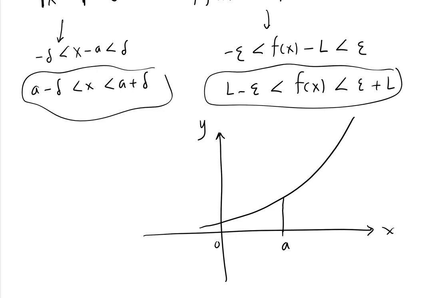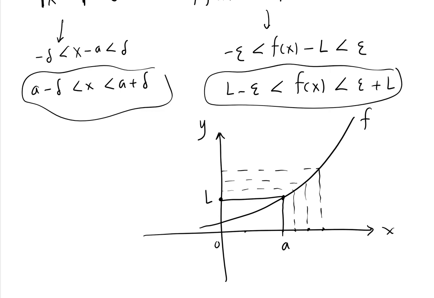So this is the function f, this is a, and as x approaches a, say the limit is L. What's happening is that when we pick a point here, we're trying to approach a from the right side, that would be the corresponding y value. When we approach again, that's the corresponding y value. Approach again, this is the y value.